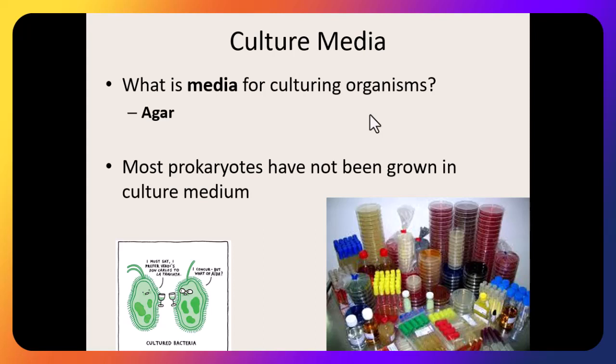Culturing media, again, we do have to give the bacteria different types of media to grow on. A lot of the media, not all, but a lot of the media has some type of agar to it, which is a thickening agent. It's what gives it that consistency of Jell-O.